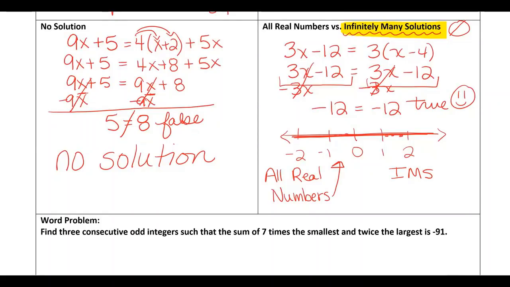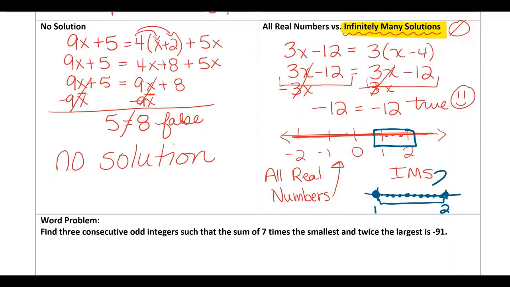Okay? Now, let me explain to you infinitely many solutions. If I were to take this piece of the number line, 1 to 2, and I ask you to write down every single number in this, you could not do it because there's an infinite amount of solutions, but it's only between 1 and 2.